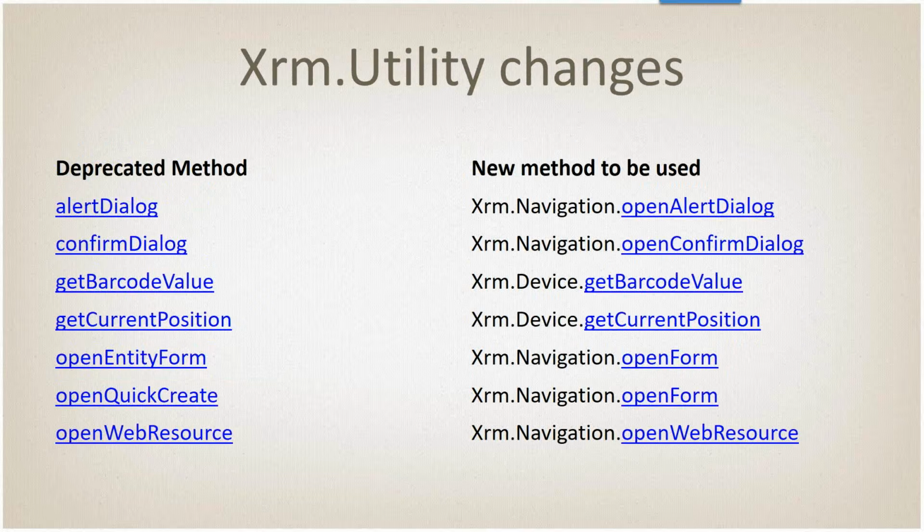Some of the biggest changes are with the utility methods that we use, because if you haven't gotten into the habit of using alert dialog and confirm dialog for your alerts and confirmations from JavaScript, you might want to start doing that, because what that does is it pops up a dialog box that is not JavaScript.